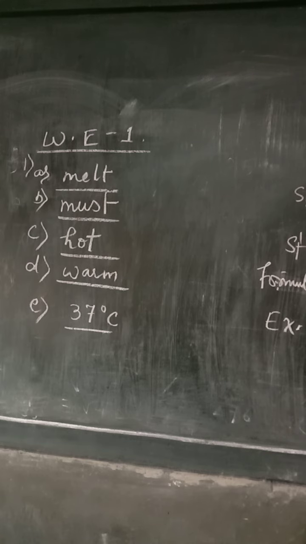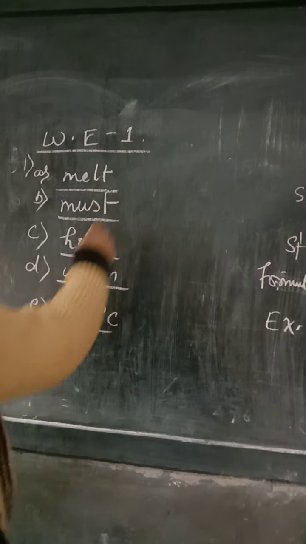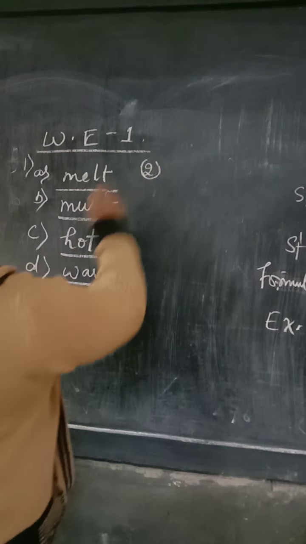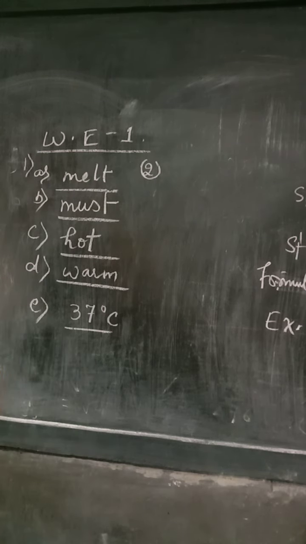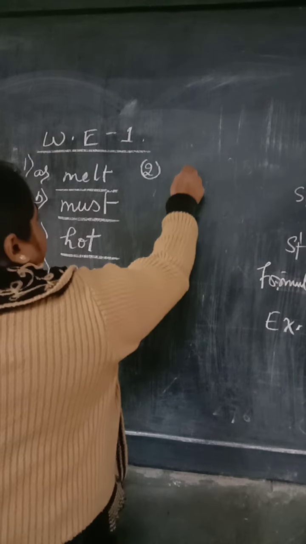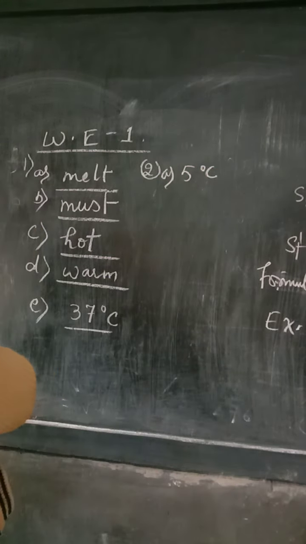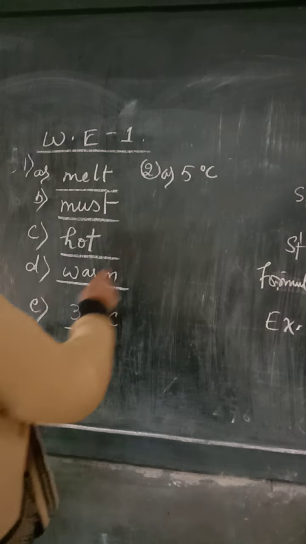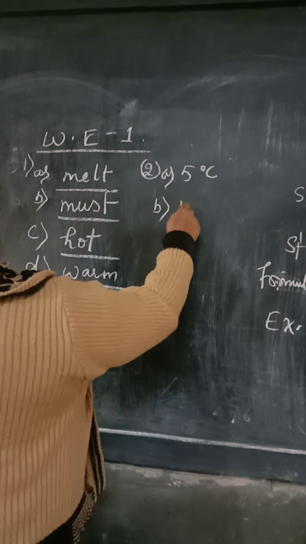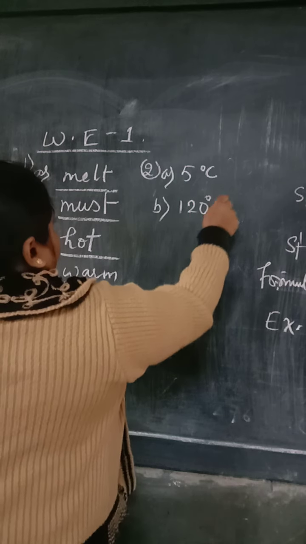Then question number 2, you have to choose the correct answer. A glass of juice, 5 degrees centigrade or 50 degrees centigrade? It should be 5 degrees centigrade. It should not be 50, it will be very warm. Hot bath, that is 120 degrees Fahrenheit.